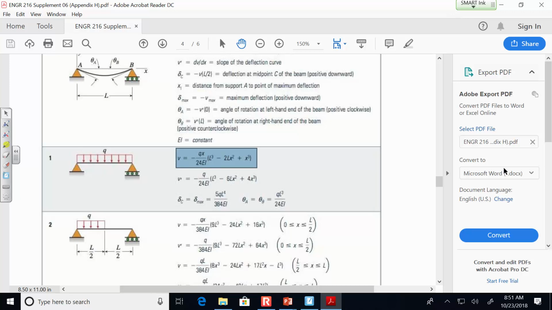Or we could be engineers about it. This is a simply supported beam with a uniform distributed load. Where is the maximum deflection? Right in the middle, right? At L over 2. So if you plug in L over 2 right here, what do you get? Well, let's see.